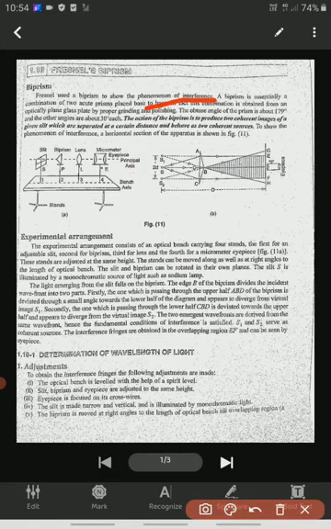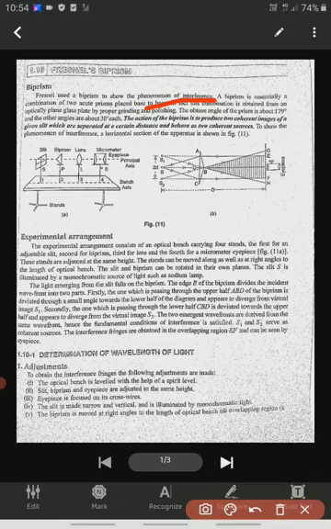Fresnel used this biprism. This is the main purpose of the Fresnel biprism: mainly to show the phenomenon of interference.